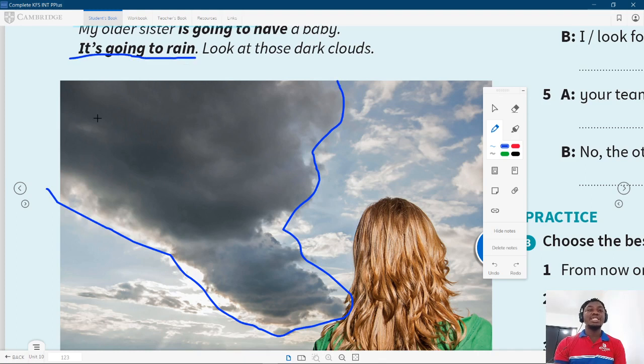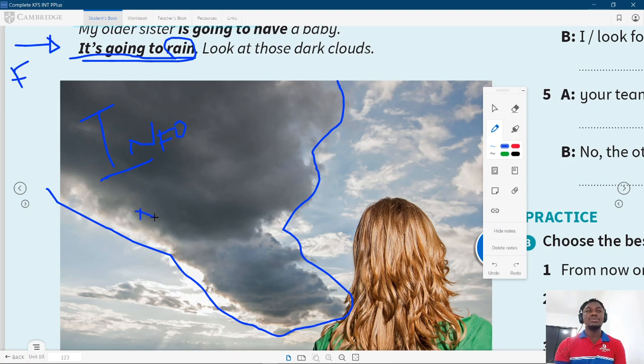My information is it is cloudy, and the future result is it's going to rain.